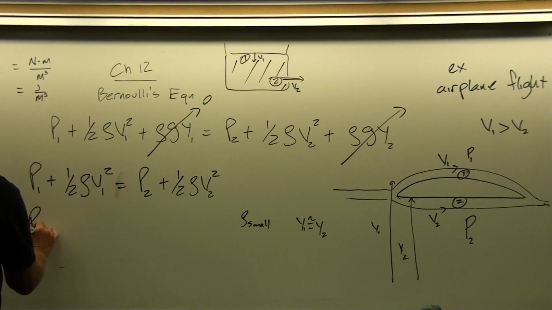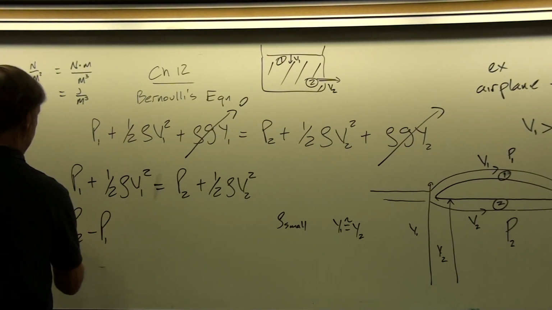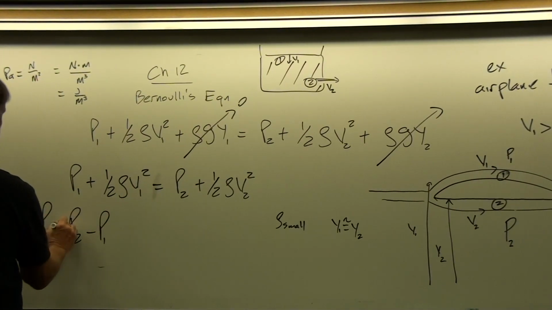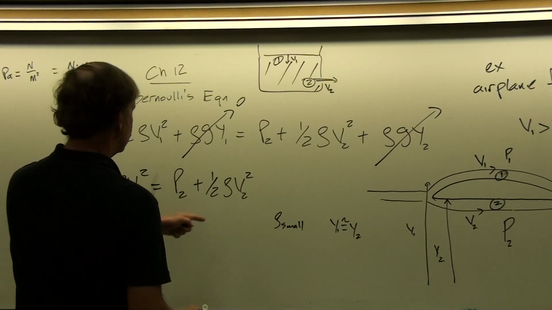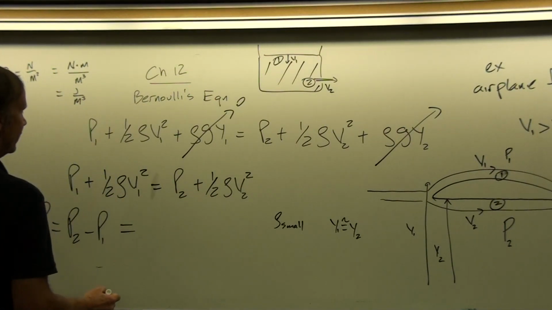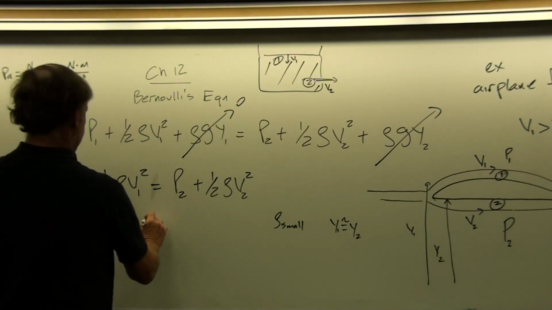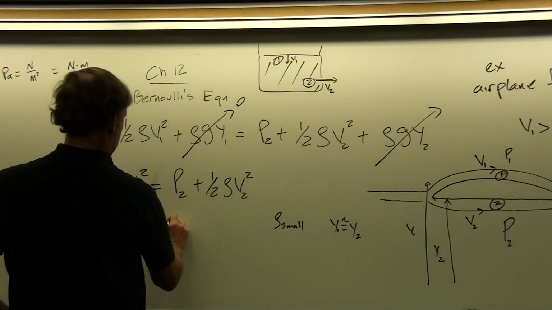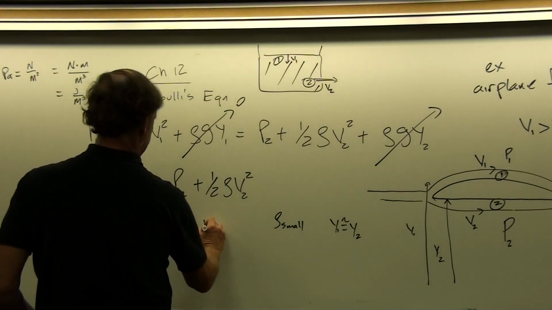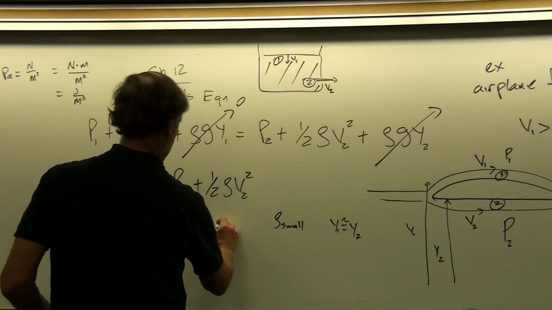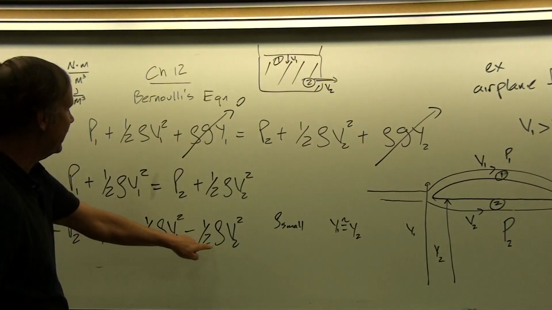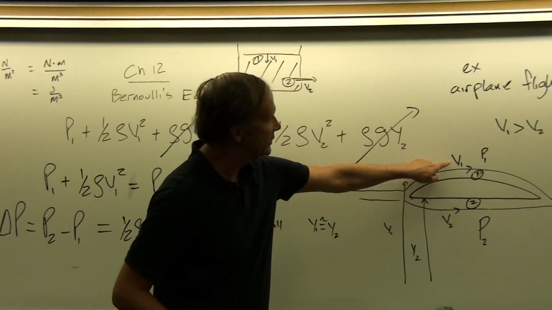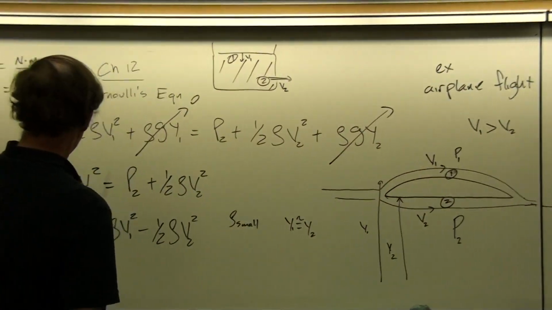So that's just P2 minus P1. That's delta P, difference in pressure, from Bernoulli's equation is just the difference in the squares of the velocities. Okay, so this would be 1/2 rho V1 squared minus 1/2 rho V2 squared. We know that this is a positive value because V1 is greater than V2.